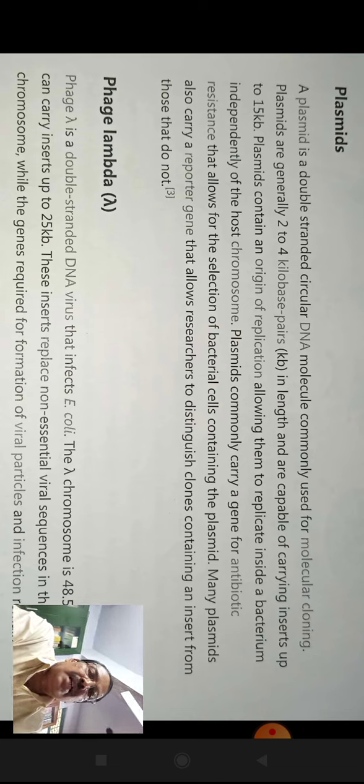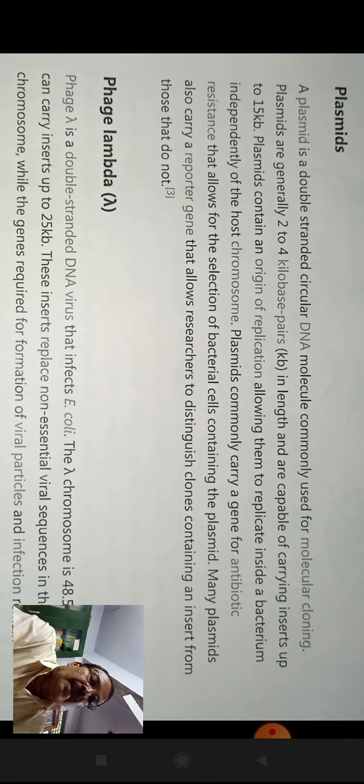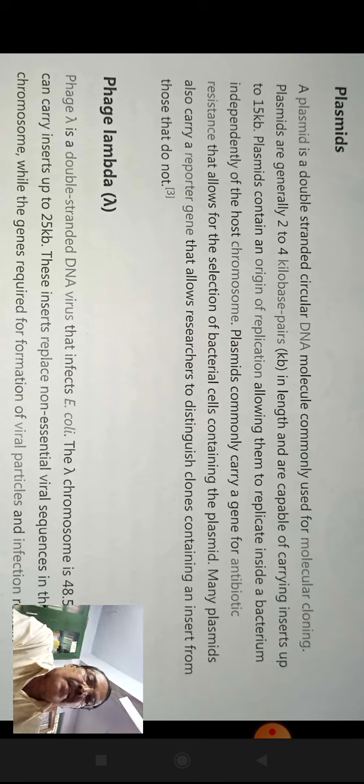Plasmids are generally 2 to 4 kilobase pairs in length and are capable of carrying inserts up to 15 kilobases. Plasmids contain an origin of replication, allowing them to replicate inside a bacterium independently of the host chromosome.